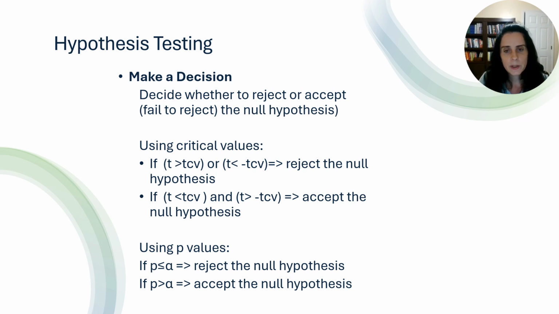Alternatively, if we use the p-value, we can compare the p-value to the significance level alpha. If the p-value is smaller than alpha, the null hypothesis is rejected and the alternative is accepted. If the p-value is larger than alpha, the null hypothesis is retained and the alternative is rejected.